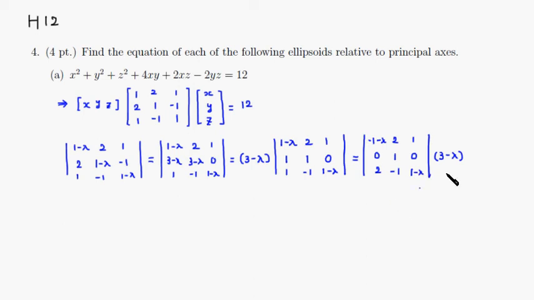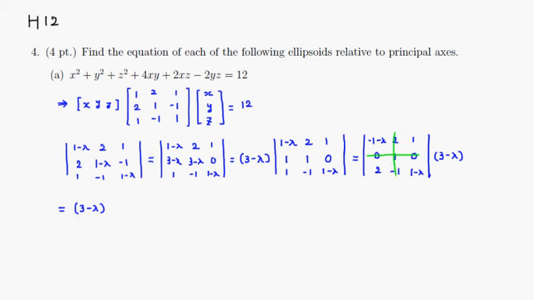So I'm going to go down here. We still have 3 minus lambda, so I'll keep that in there. Then the signs go positive, negative, positive. So positive 1, then you can just strike out the second row and the second column.